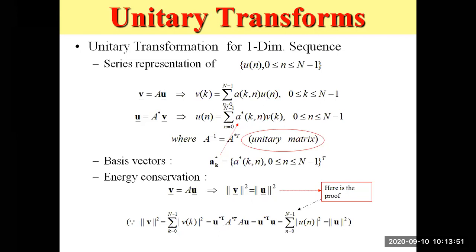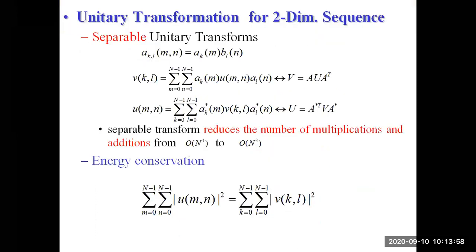And one more thing, this is for a one dimensional sequence. Instead of one dimensional, if you take the same signal but it is two dimensional, that is m and n, for that we are using a separable unitary transform.